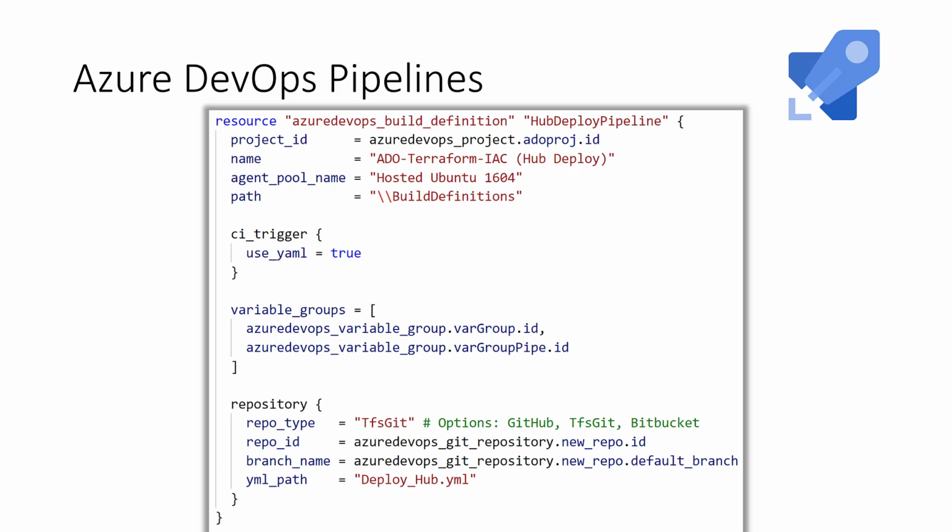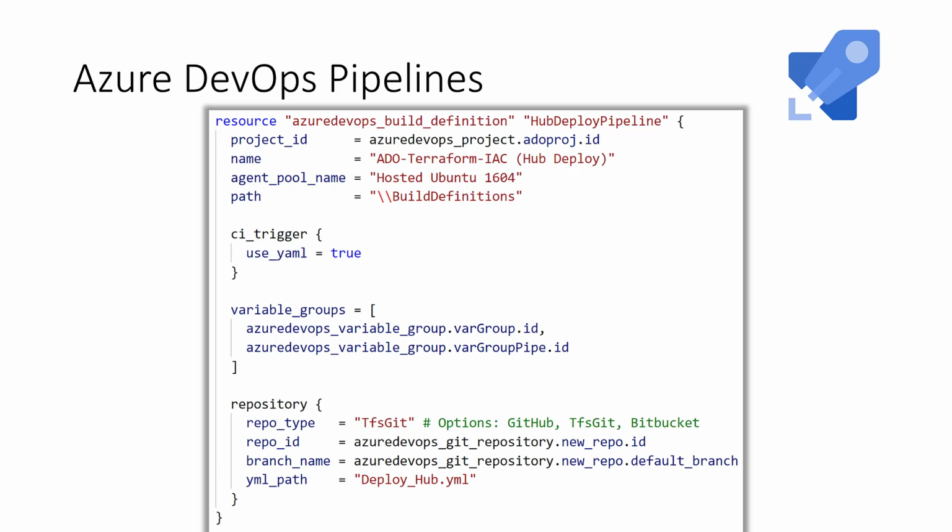And then what's important here is I'm telling it that I want the CI, continuous integration, trigger to use what the YAML file says is its trigger. So I'm not controlling the trigger through the Terraform code itself when building and managing the pipeline; we're effectively saying whatever the YAML file says is its trigger for this pipeline, that's what we're trying to leverage.